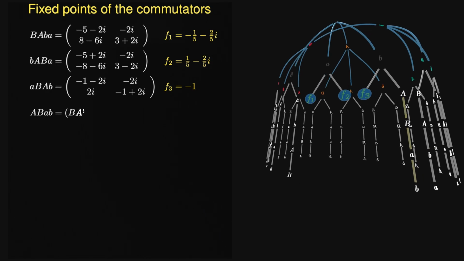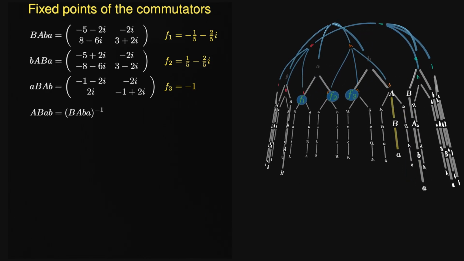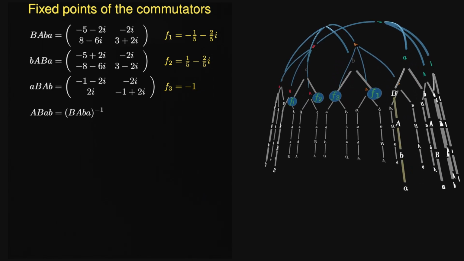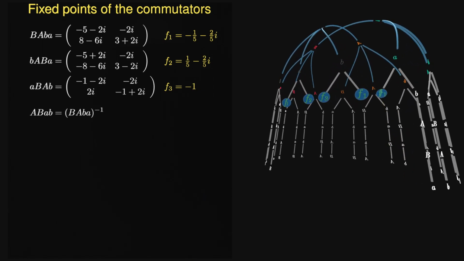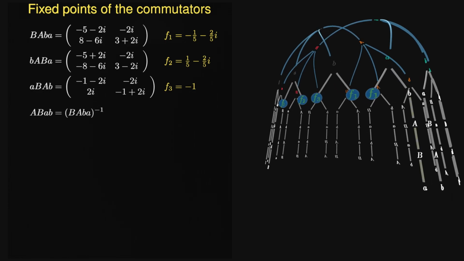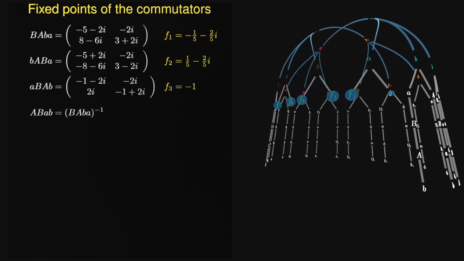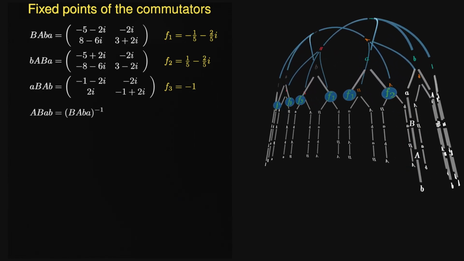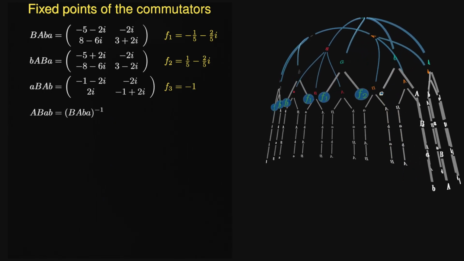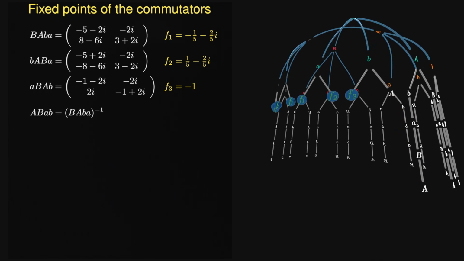The fourth branch is completed with the repeating pattern capital AB, small ab, which is the inverse of the first commutator. Therefore, the branch is again replaced by F1, since there is only one single fixed point for each commutator and its inverse. In general, one would end up with different fixed points for the commutator and its inverse.